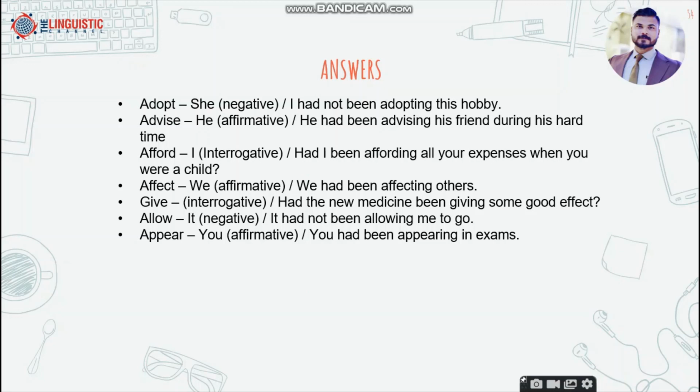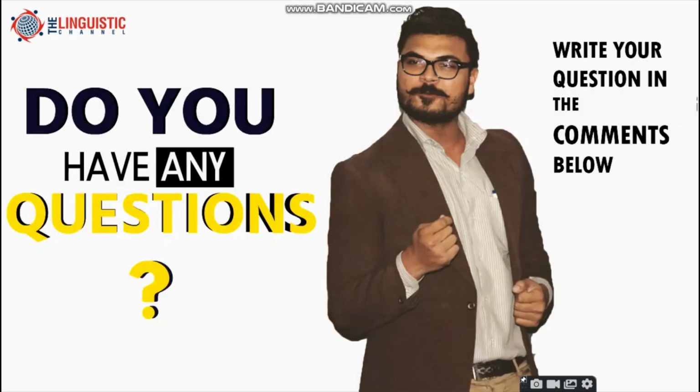The third one I would like to translate for you. Had I been affording all your expenses when you were a child? Was I affording your expenses when you were a child? I'm doing it because it has got a conjunction here. Okay? So this is how it is used, and this is what past perfect continuous tense is.